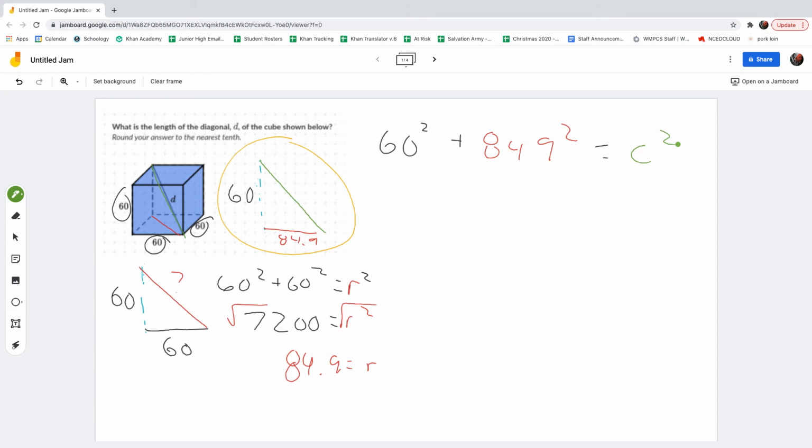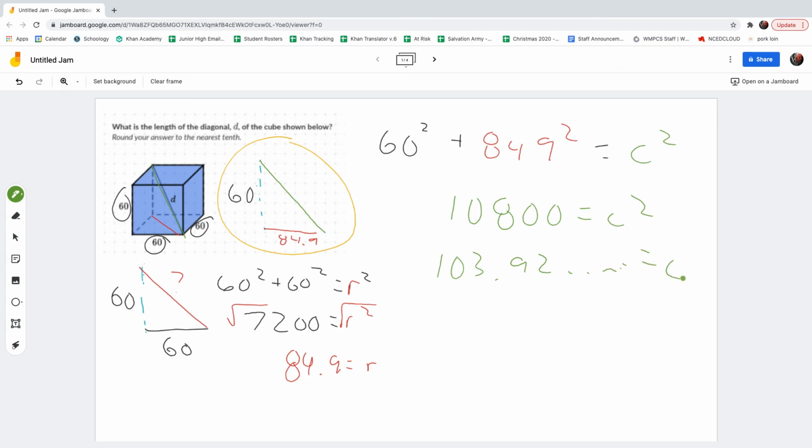And when we do, I get something that looks akin to this. Square root that, and you get a really long number, which is 103.92 and so on, is equal to c.